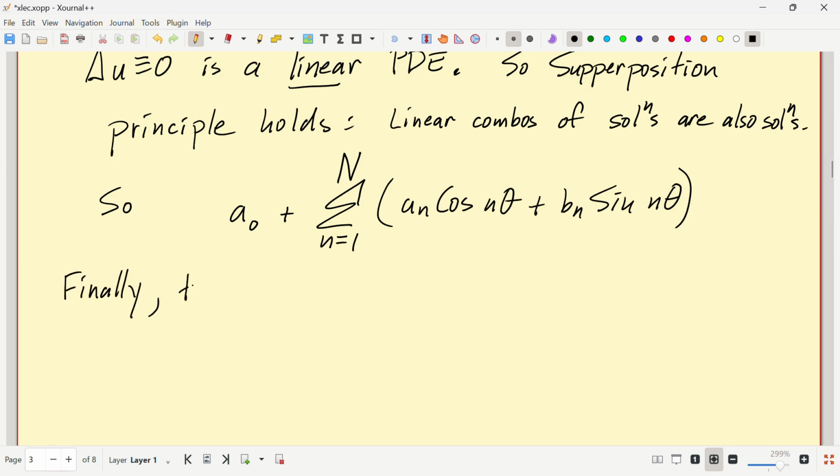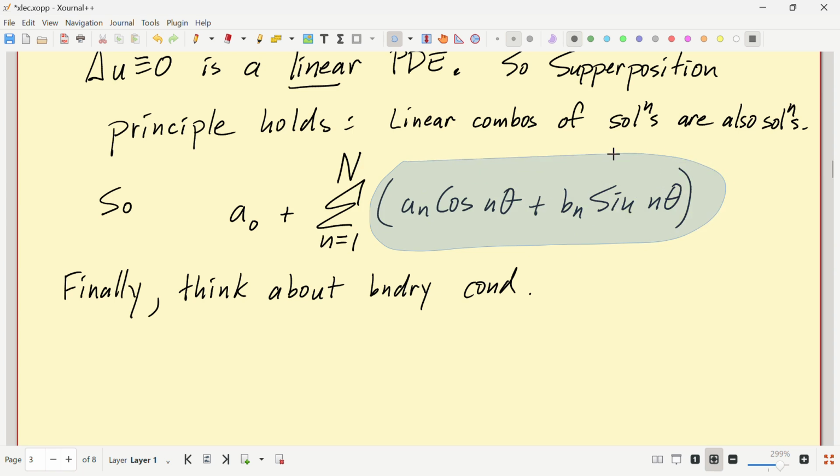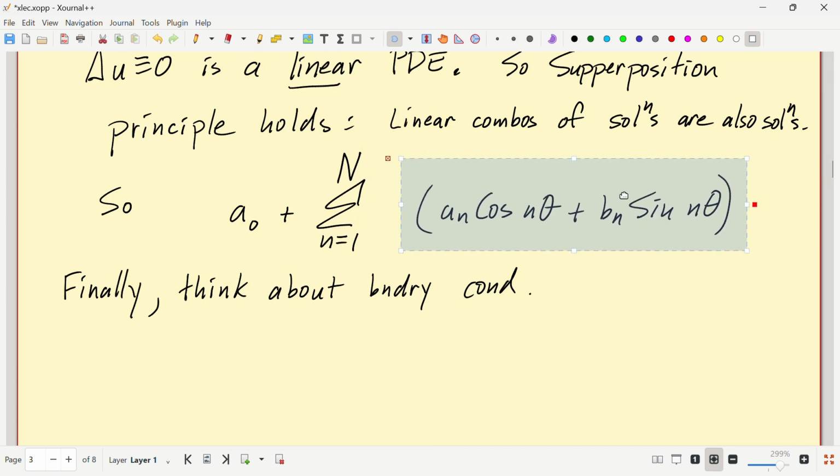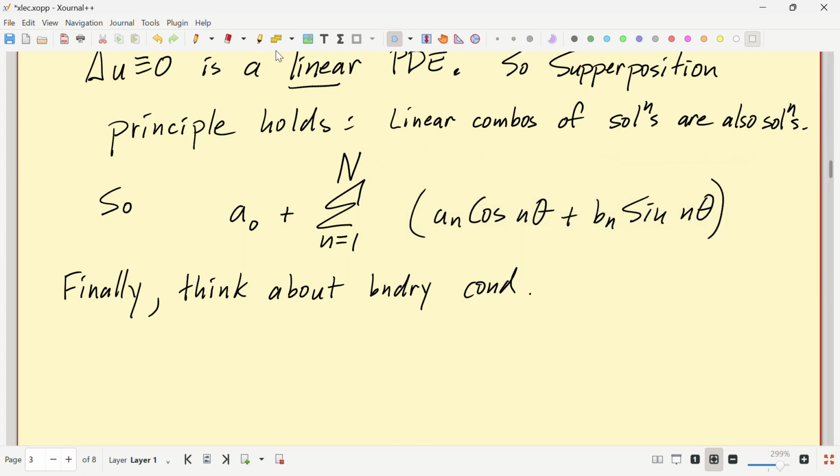So finally, we think about the boundary conditions. Well, the boundary conditions are when I stick in r. Oops, I skipped my r to the n. This is important. r to the n goes there.